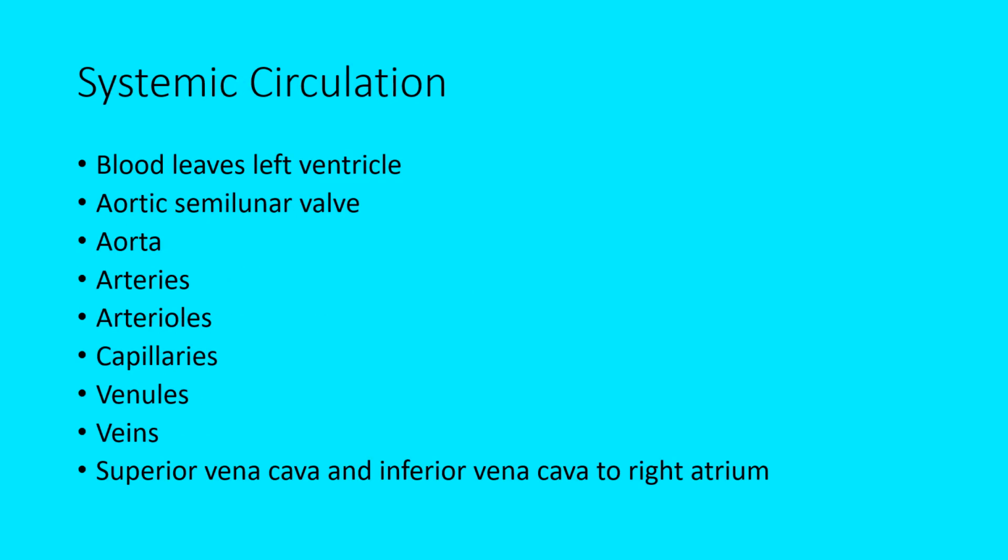The systemic circulation is when the blood is going to leave the left ventricle. It's going to pass through the aortic semilunar valve. This is the valve that is between the ventricle and the aorta, specifically the left ventricle, excuse me. As the blood passes through the aorta, there are some larger branches immediately, but it all starts branching.